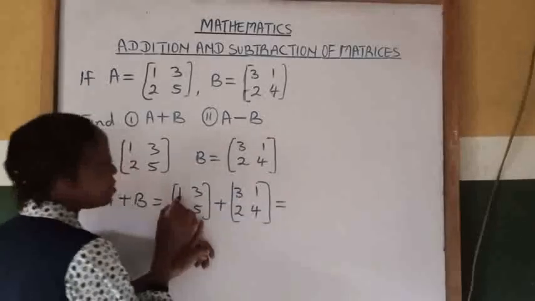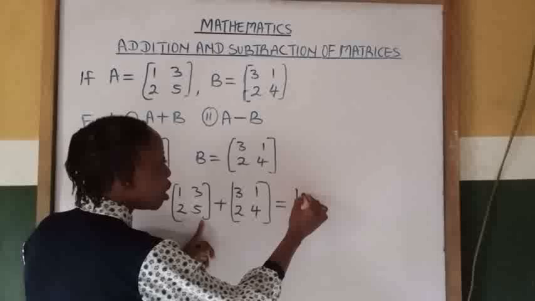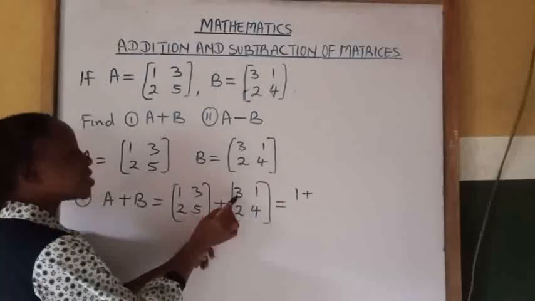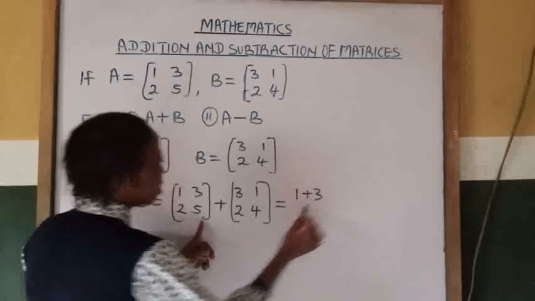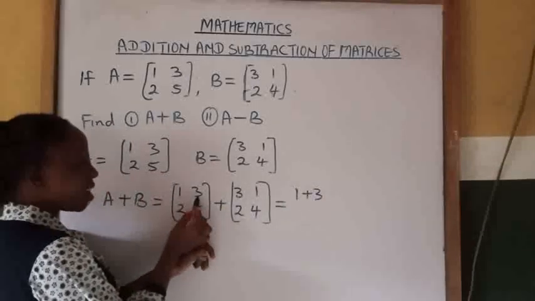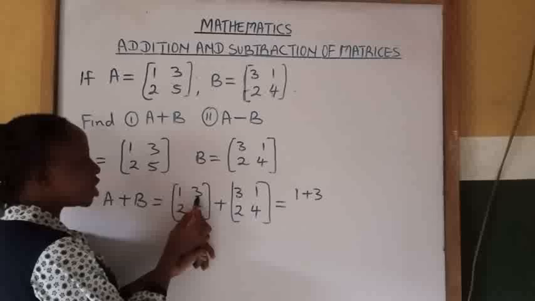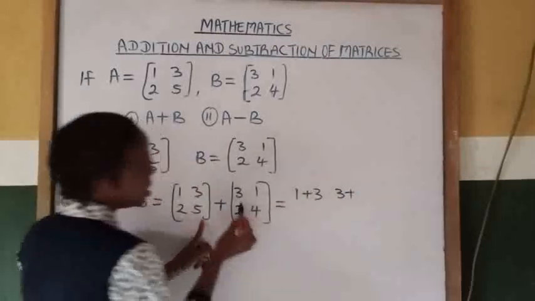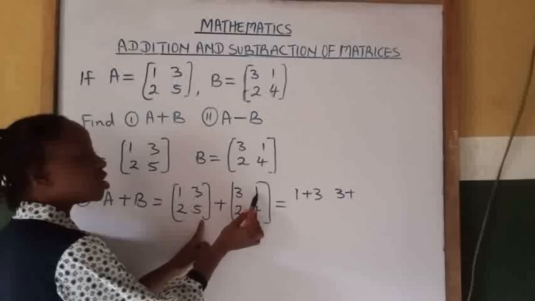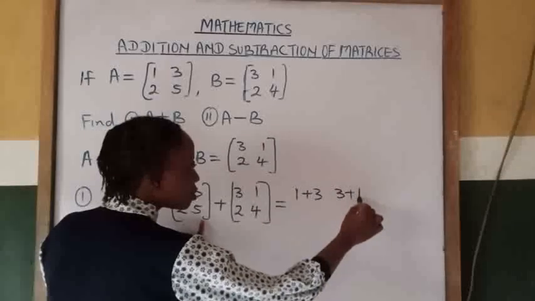The first element here is 1, plus the first element from the second matrix, that is 3. Then the second element from the first row, which is 3, plus the second element in the second matrix, that is 1.